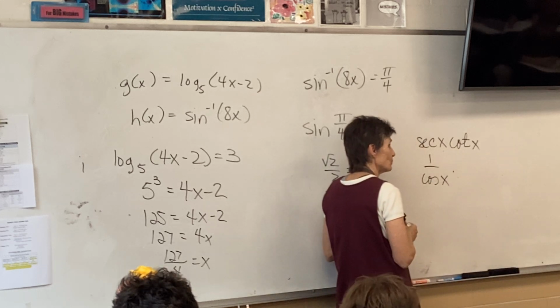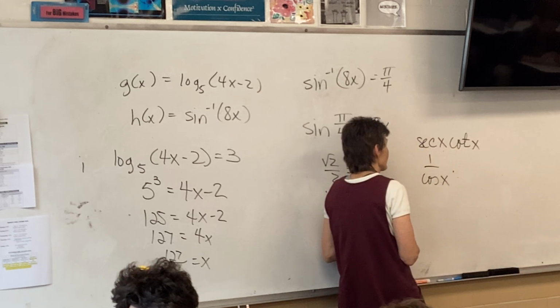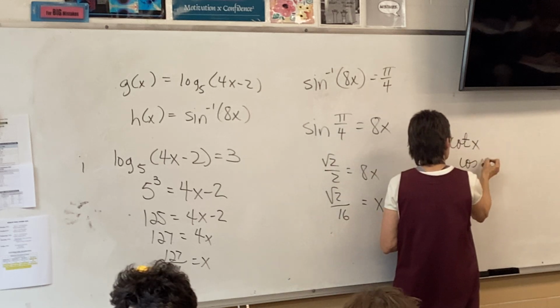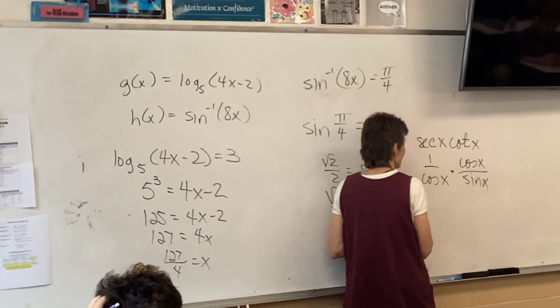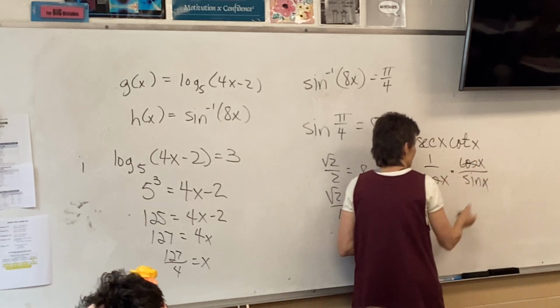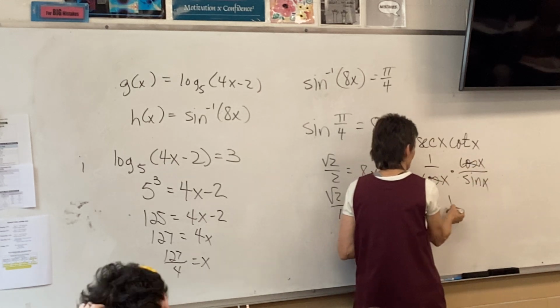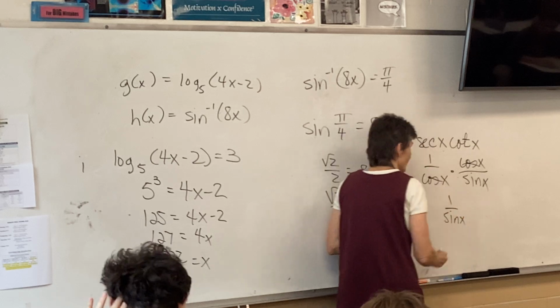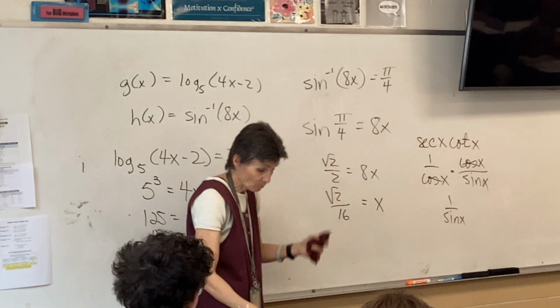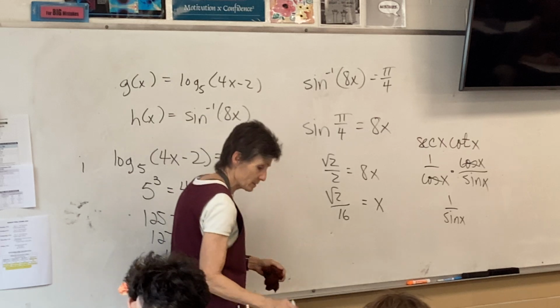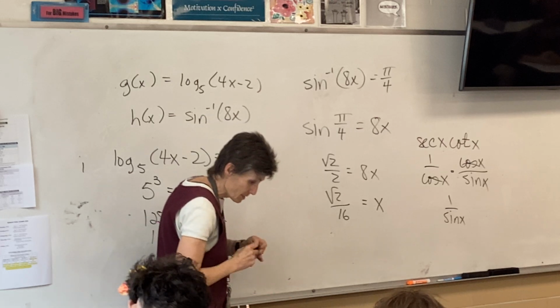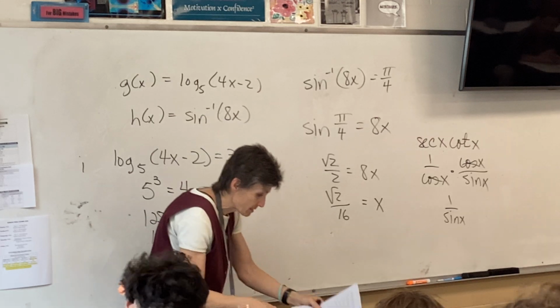What is cotangent? Oh, this one's easy. This is a multiply problem, so what am I left with? Yeah, there we go. What were the directions? Rewrite it with only sines and no other functions. Wow, that was easy. Hope I get one like that on the test.